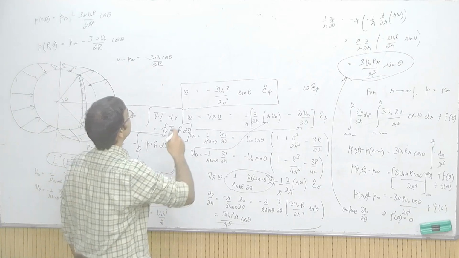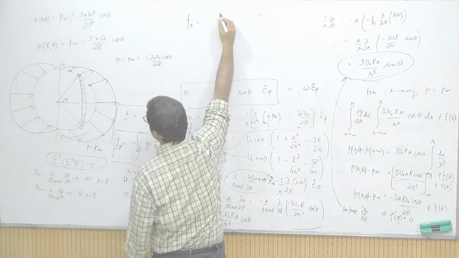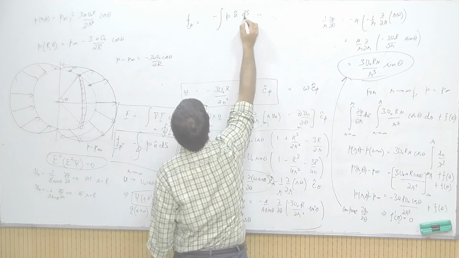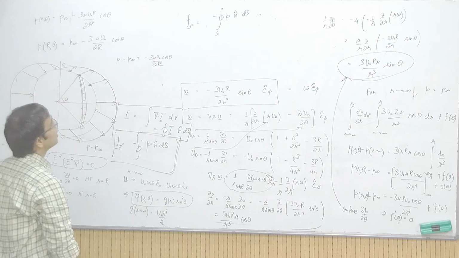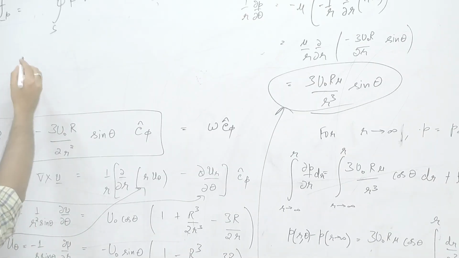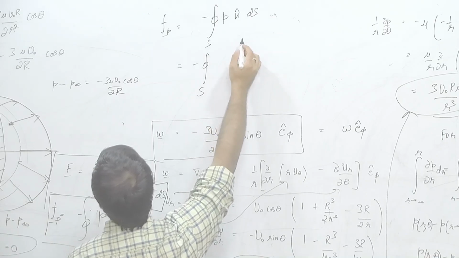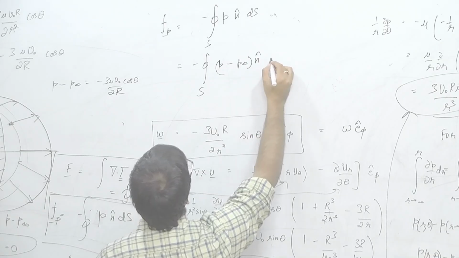So the pressure force is simply minus P n dS over the spherical surface. I can also write this, instead of P n dS, as P minus P infinity n dS.